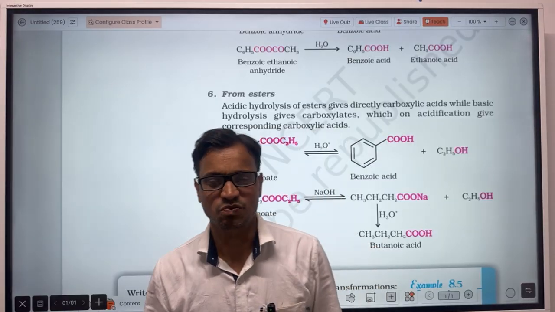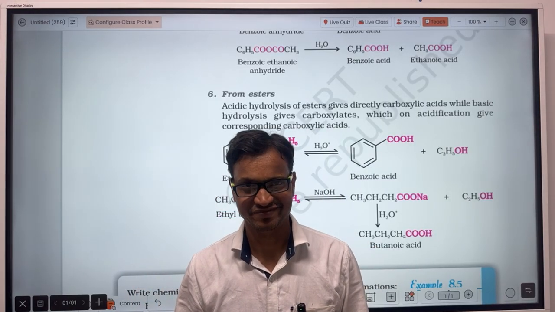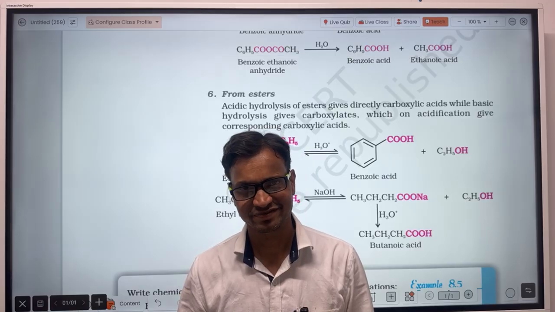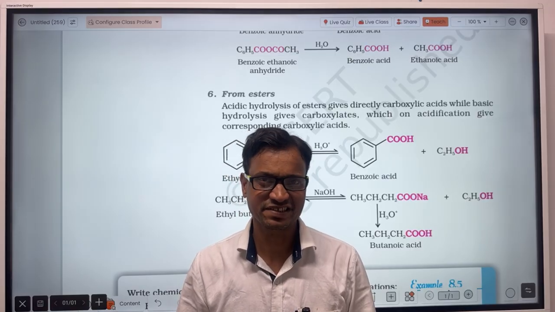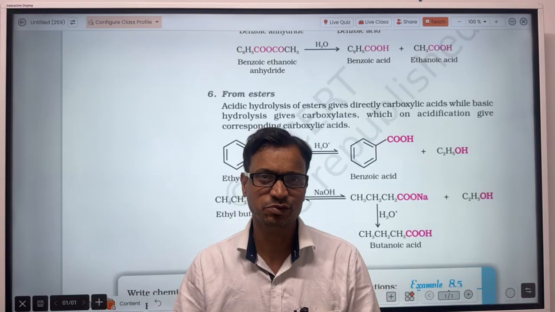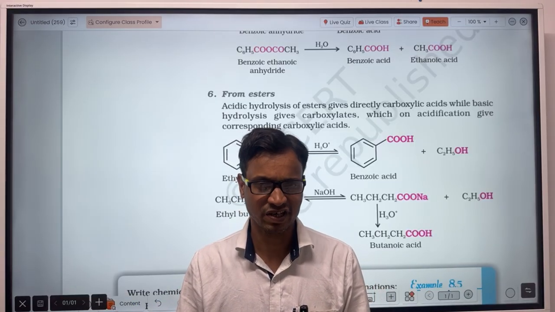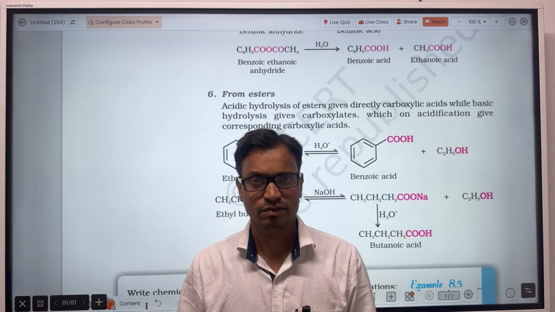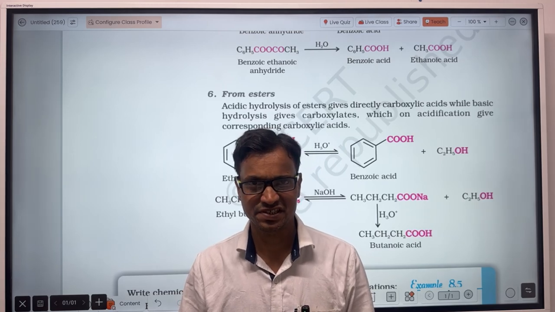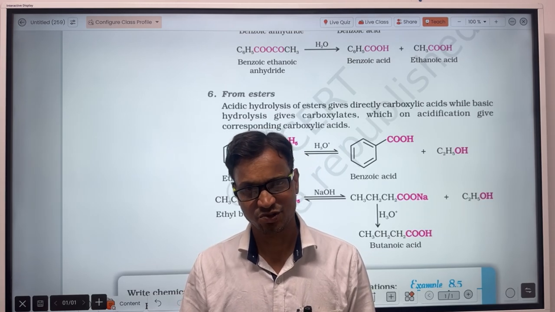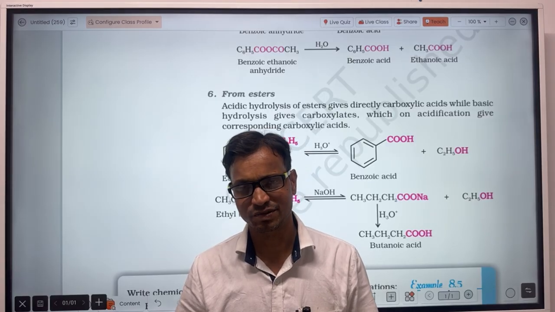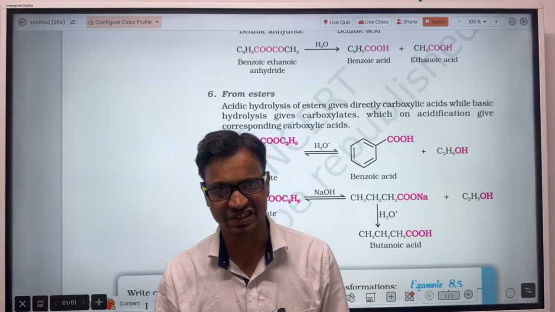So when you add water to the ester, there will be formation of carboxylic acid and alcohol. When carboxylic acid and alcohol were combining together, there was release of water, and finally the ester was formed. So when you add water to the ester, there will be formation of alcohol and carboxylic acid.